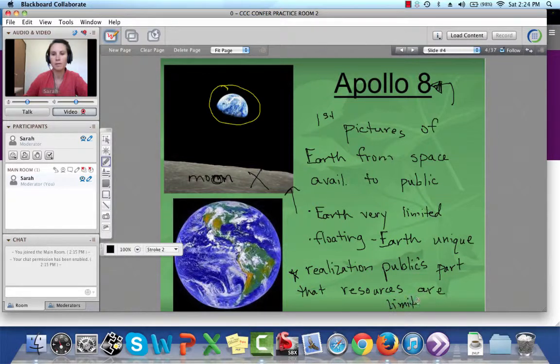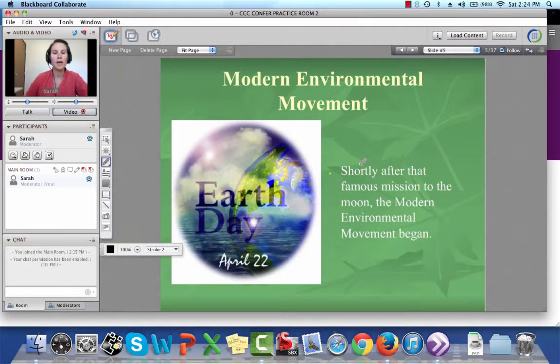Resources are limited. And the photos from Apollo 8 of Earth sparked what we now term the modern environmental movement. This is where we started protecting our resources and regulating the use of them.